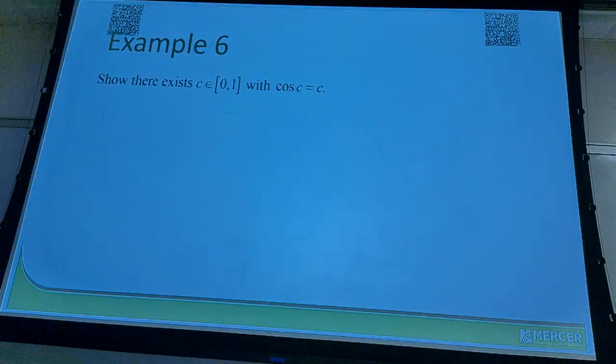Show that there exists a c in 0 to 1 where cosine of c is equal to c. Is that true? It says to show it.